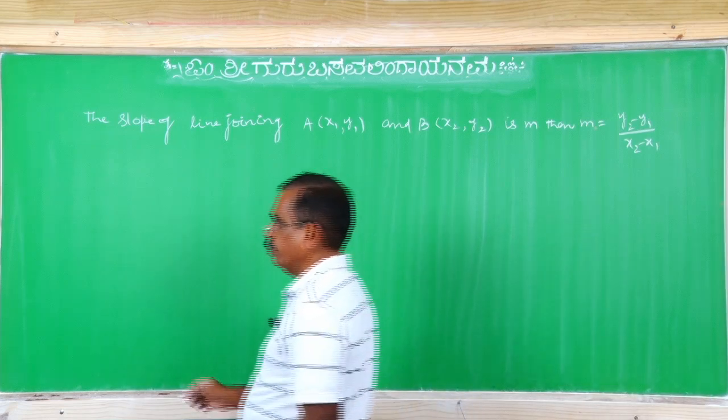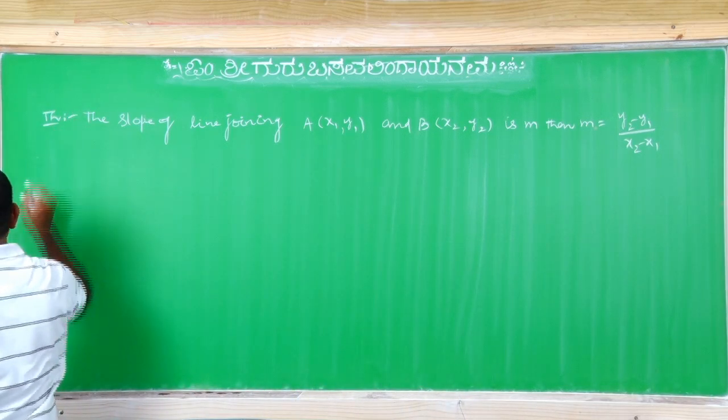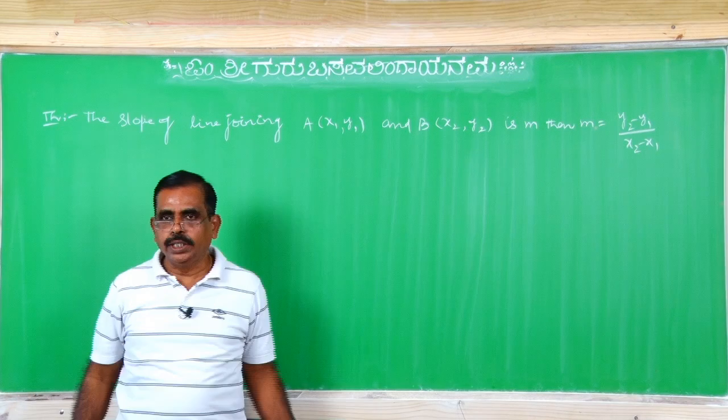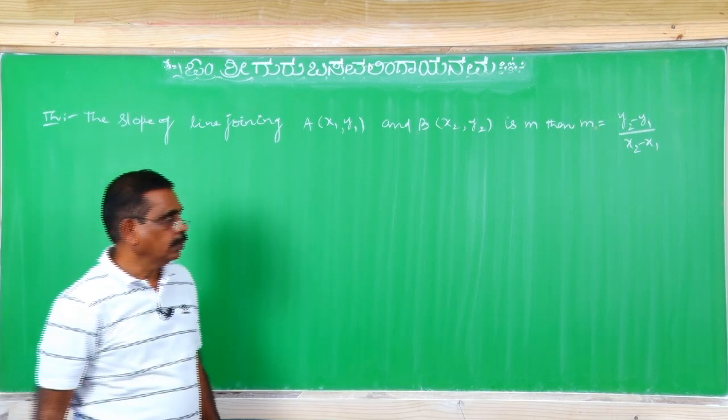This is the theorem. We want to prove this. This is known to you. Already told, the theorem is there.